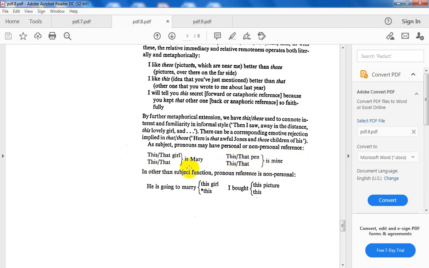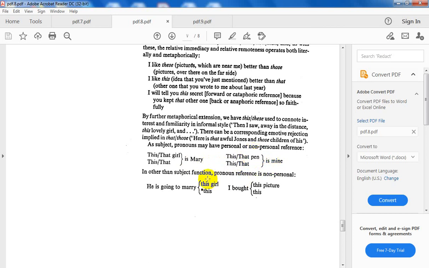Here you see this as determiner. This girl, this functions as determiner. Like I can say this is Mary, that is Mary. I have no problem. This girl is Mary, this is Mary. That girl is Mary, that is Mary. They function as subject. This pen is mine, this is mine. That pen is mine, that is mine. Here it is non-personal.